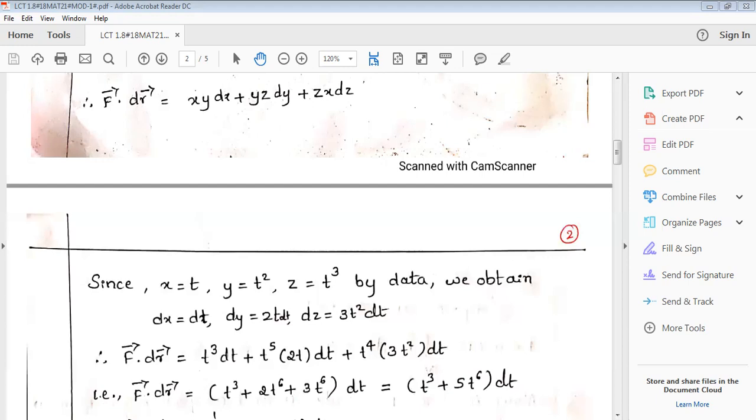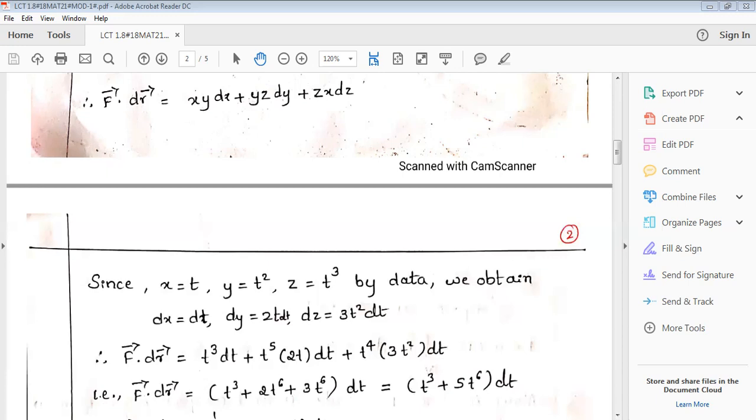So when you simplify, you will get this.